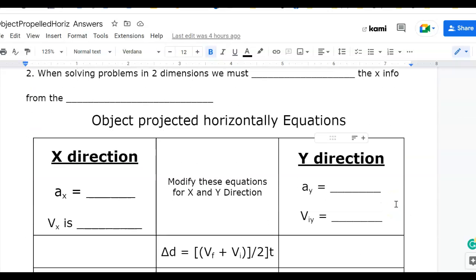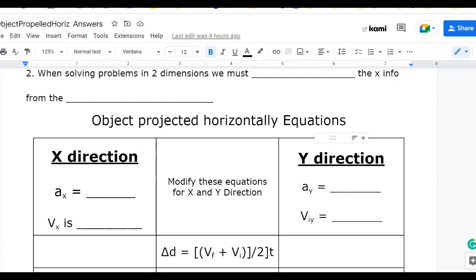When solving problems in 2 dimensions, we must separate the x info from the y info. Technically, you separate them and never allow them to come back together. Get them apart and don't ever allow them to go back together.